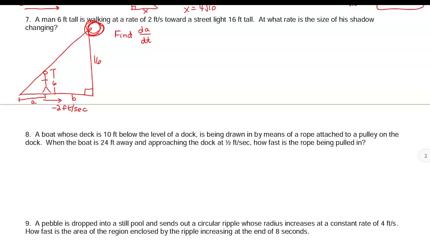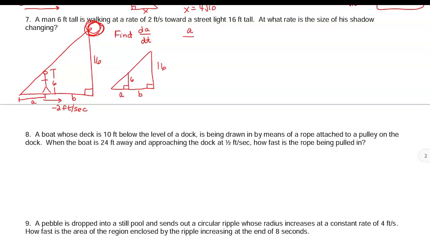This looks like a Pythagorean Theorem question because we have a right triangle here, but it's not because we don't have any information about the hypotenuse. Instead, this is one of those similar triangle questions. The man is here, he is also perpendicular to the ground, so we have similar triangles here. So I'm going to set up a ratio. A is to 6 as A plus B is to 16.